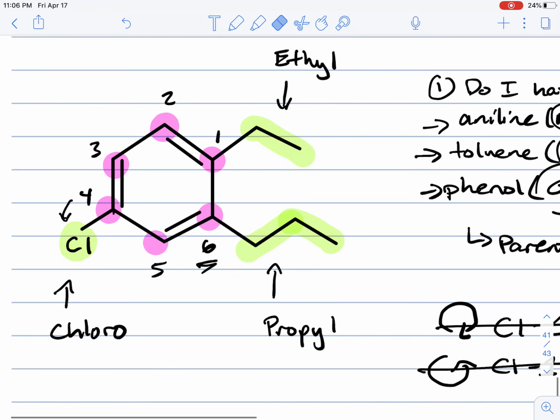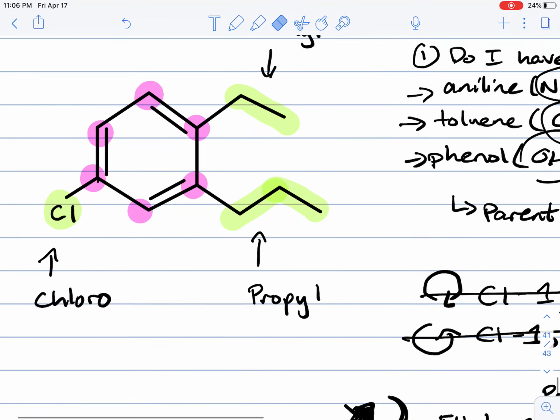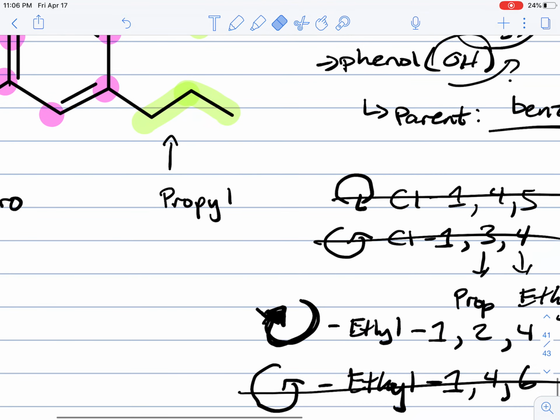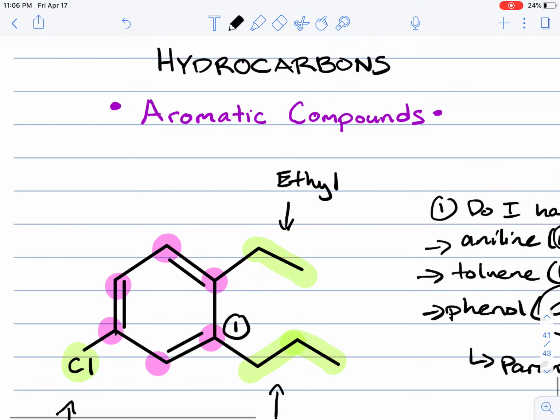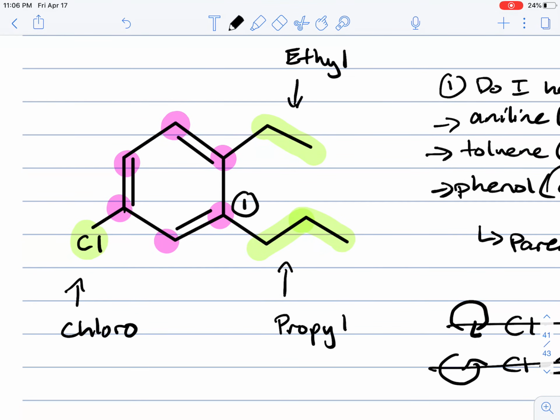All right, and so we have one more set to go through, which is going to be propyl. So what if my propyl was number 1? If my propyl is number 1, I'll go clockwise. So 1, 2, 3, 4, 5, 6.